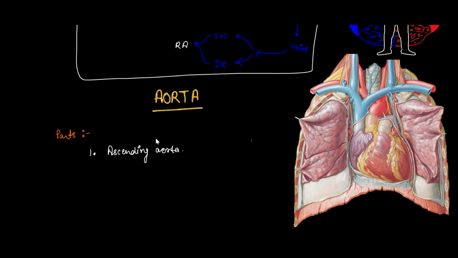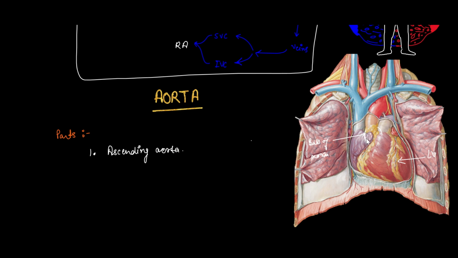If we talk about the topography of the ascending aorta, it begins from the left ventricle, and from the left ventricle it rises to the level of the third intercostal space. It forms an enlargement here, which is known as the bulb of aorta, about which we studied in the previous videos when we discussed the blood vessels of the heart.